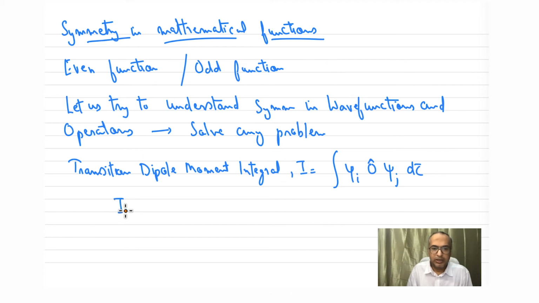Now a lot depends on whether I goes to 0 or does not go to 0. And if we can apply symmetry rules or symmetry in mathematical functions to say whether I is going to be 0 or not for a particular set of operators and wave functions. So can we do that? Let us look at how to do that.